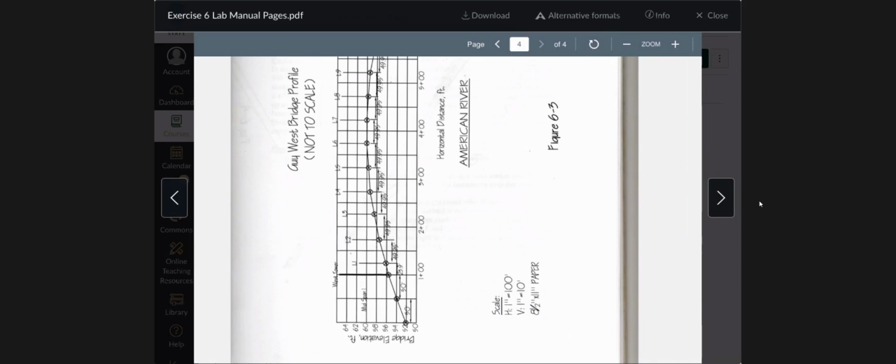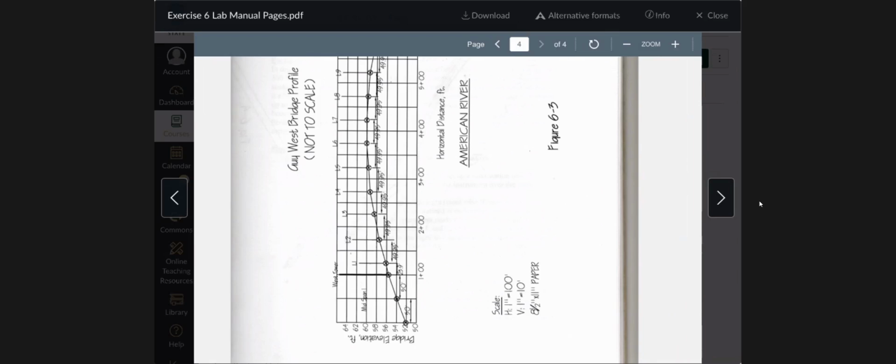That's how you measure distances on a plan sheet. So even though we don't measure with inches in surveying or engineering, we draw in inches. So when you draw this, make sure you draw the horizontal scale at 1 inch equals 100 feet.